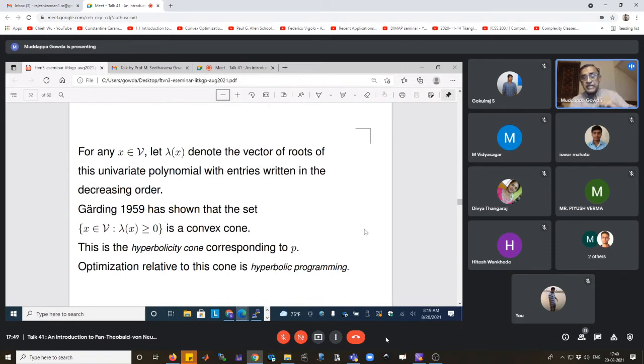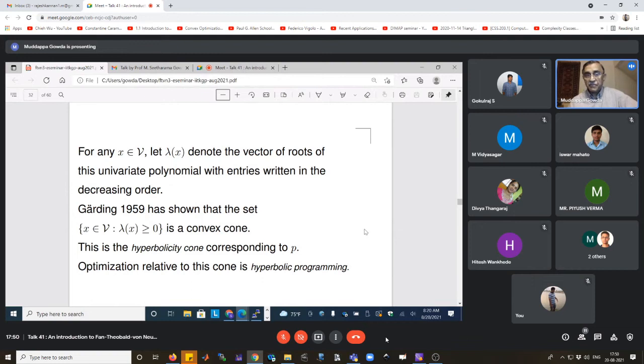Notice that lambda(x) is a vector in some R^n with decreasing components. When I say that lambda(x) is greater than or equal to 0, I mean that every component of lambda(x) is greater than or equal to 0. This is the so-called hyperbolicity cone corresponding to e. Optimization relative to this cone is called hyperbolic programming.